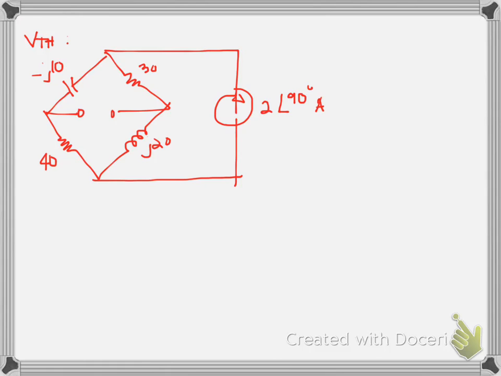Okay, so I will denote this as VA and VB. So my condition for this circuit is that VA minus VB is equal to VTH. So I'll just put here the plus and minus sign.